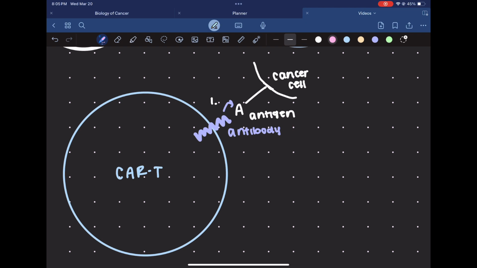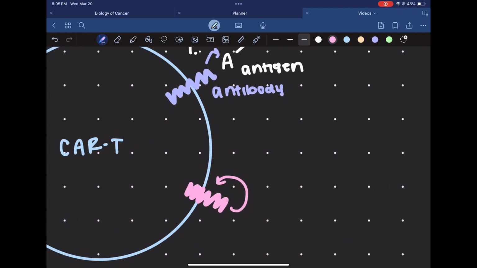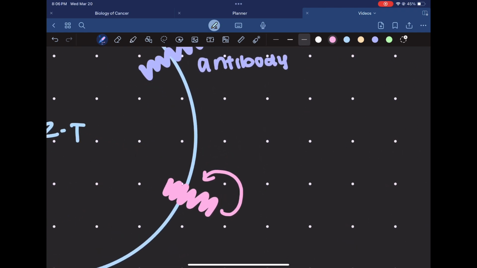Our second modification, if I draw it down here, is going to be a self-activating domain.